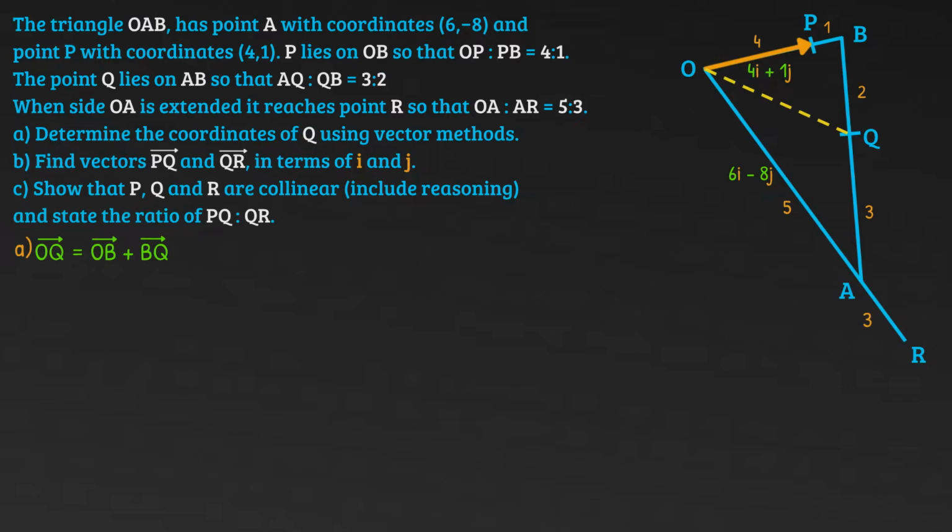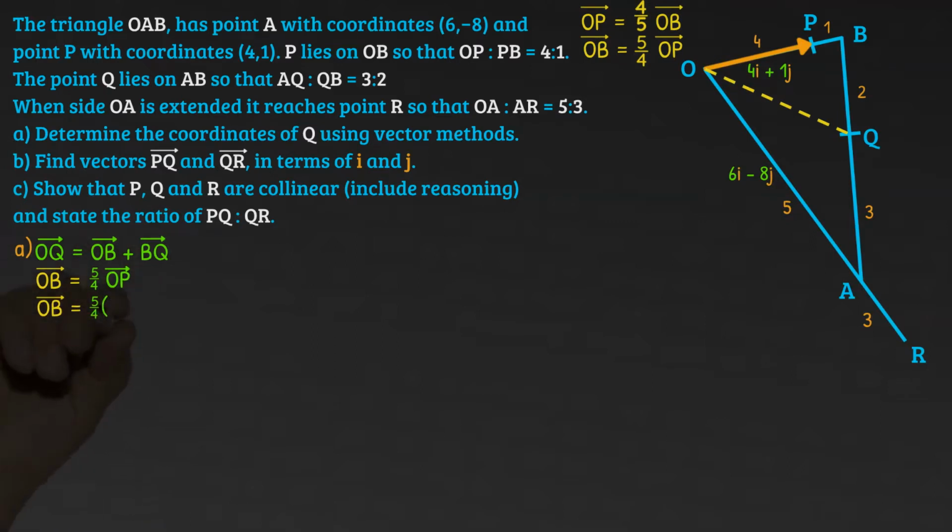Now, 4 of those sections are equal to OP, so OP is 4/5 of OB. And rearranging that, we get OB is equal to 5 over 4 times OP. And 5 over 4 times OP, which is 4i plus 1j, is equal to 5i plus 5 over 4j.